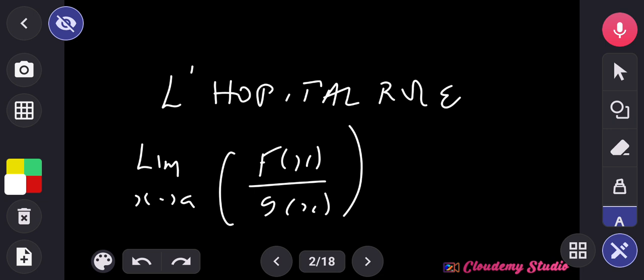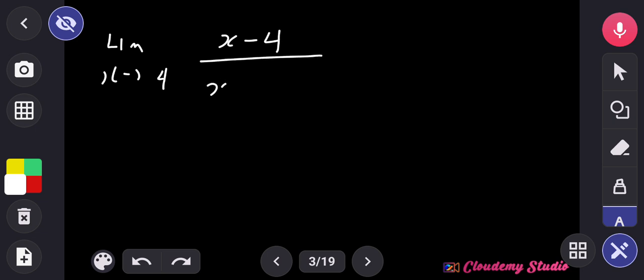For example, if we have a problem like limit of x tends to 4, x minus 4 divided by x squared minus x minus 12.